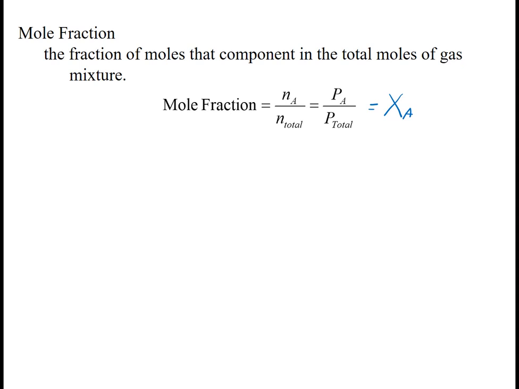But because there's a relationship between the moles and the pressure, it can also be the pressure of A over the total pressure that gives you the mole fraction of A. And we're going to actually use this part of that formula, like I said, in 1212.